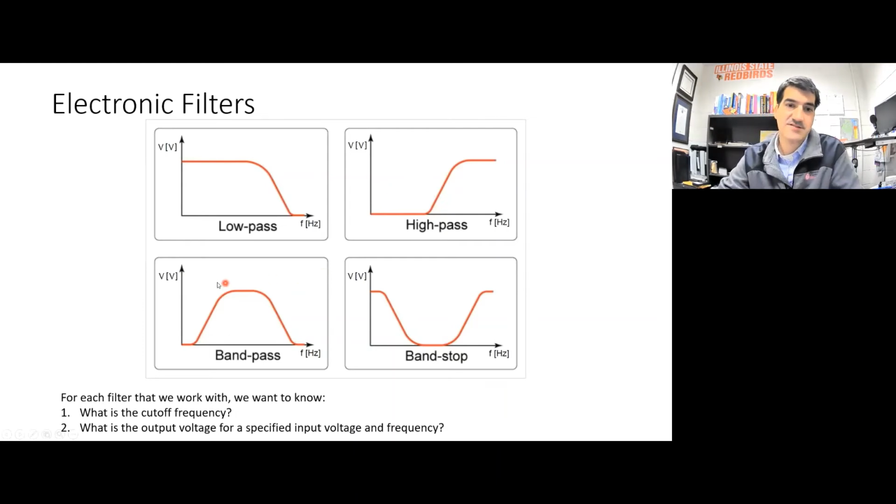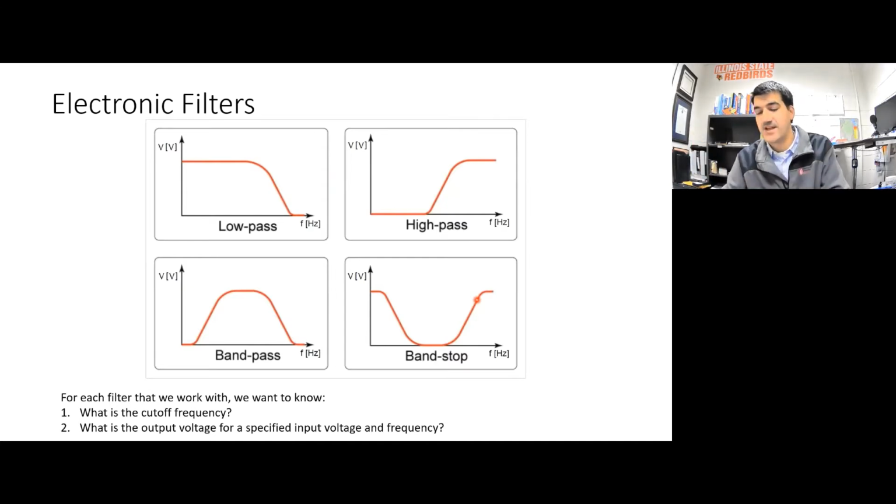So band pass is just a combination of a high pass filter and a low pass filter put together in a certain way that allows only frequencies within a narrow frequency band to pass through the filter. And band stop is the exact opposite. So in this case, you would have a low pass filter here and a high pass filter here, and that would cut out the frequencies in a certain range.